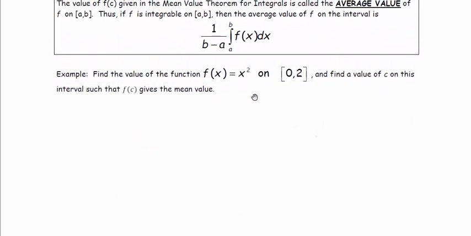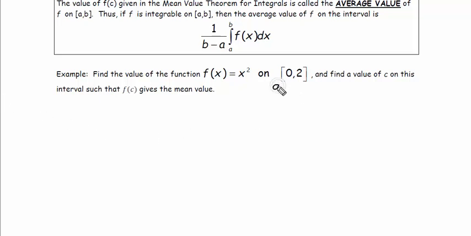So let's find the value of the function f of x equals x squared on the closed interval 0 to 2 and find a value of c on this interval such that f of c gives the mean value. So here we go.